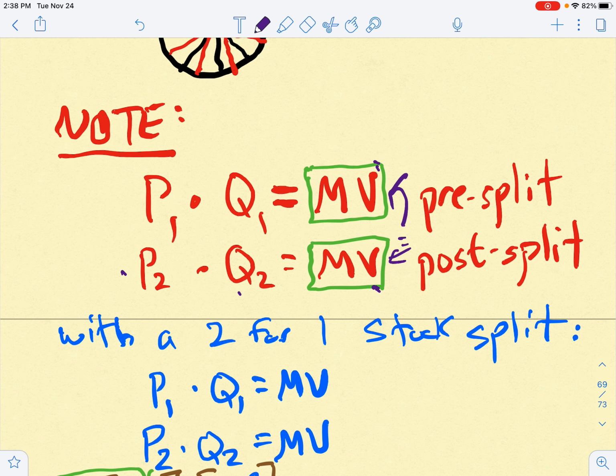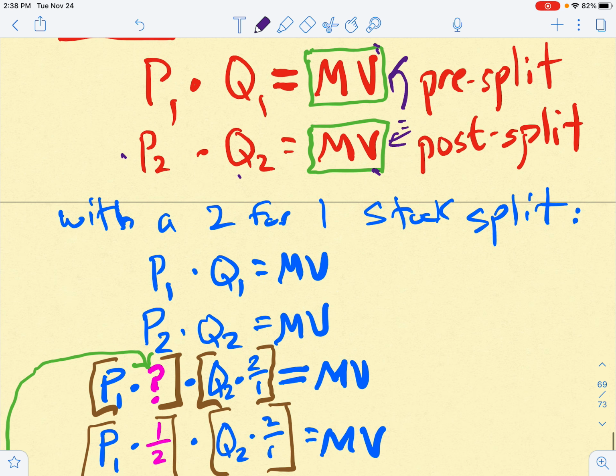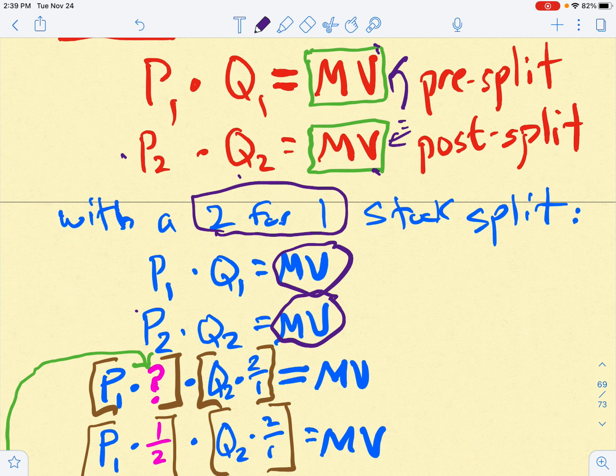All right. Just applying this for a 2-for-1 stock split, P1 times Q1 equals market value. There's a new price, P2 times Q2, that has to equal the same market value. Okay?